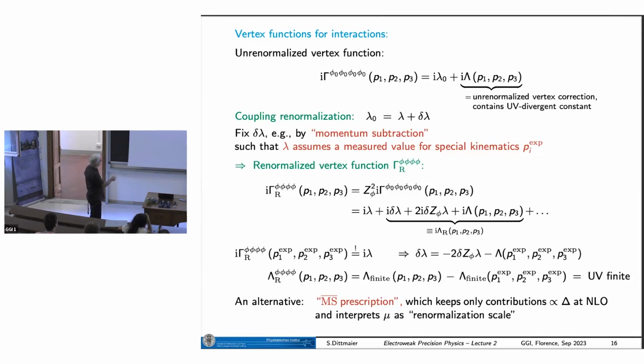The one you want to calculate, this vertex correction, minus the contribution where you have defined your lambda to be the renormalized coupling. So you see that in this way, you also render your vertex correction finite.